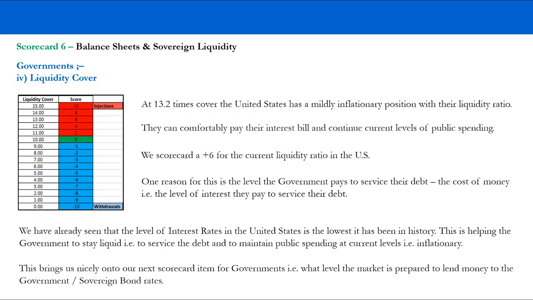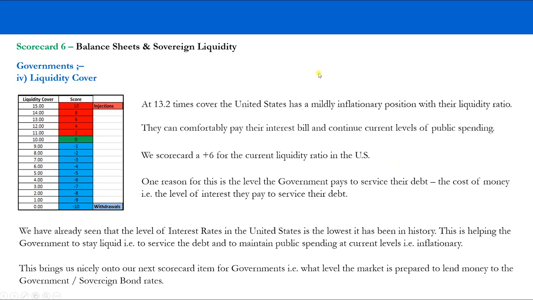And if we look at this in terms of building our scorecards, 15 on the scale would give us historically a very inflationary number because it provides a lot of room for future injections. And a 0 or 1 provides a very, very deflationary situation because everything that's coming in is going straight back out.